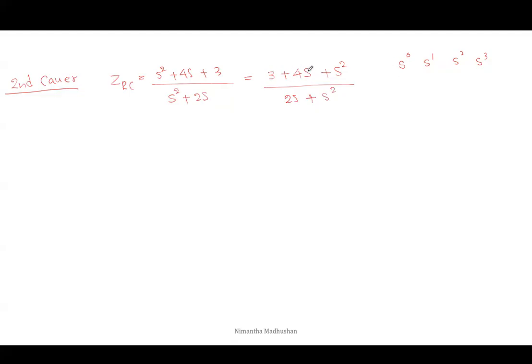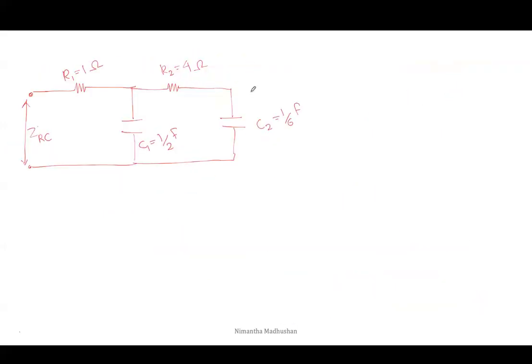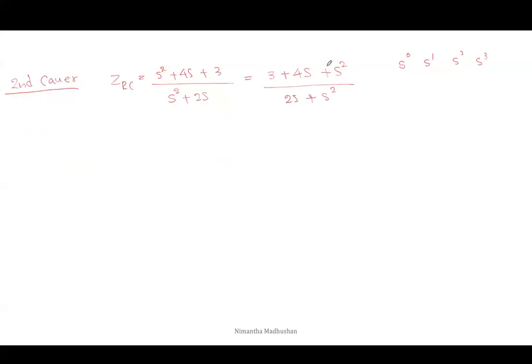This one is s to the power 1, and this one is s to the power 2. The previous one is in descending order: s squared, s, and s to the power 0. In the second Cauer form, we have to rearrange these two functions into ascending order of the power of s. The denominator is 2s plus s squared. Now we can apply the continuous fraction expansion.